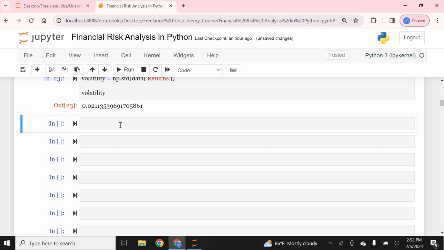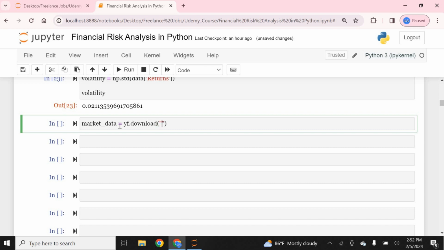So the next thing now is to calculate beta. Beta is another parameter that we use in financial data, and we're going to need additional data for that, which will be the data from S&P. So we're going to calculate that as well. That will be market data, yf.download.